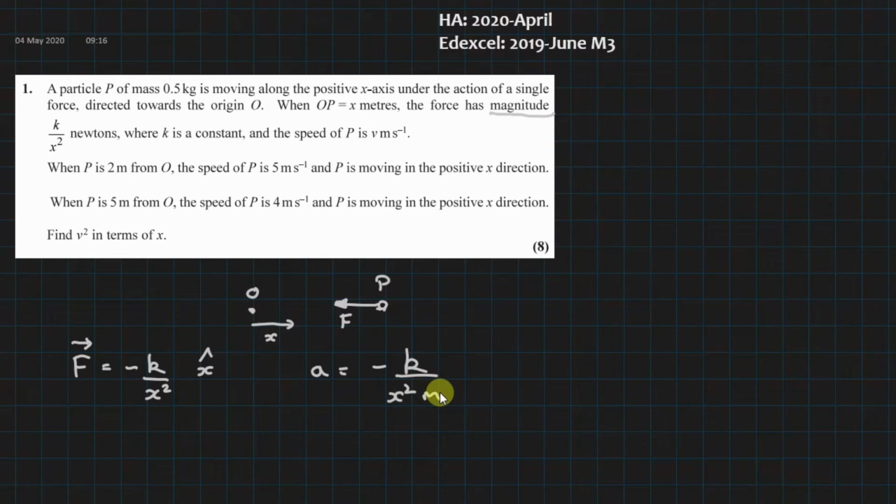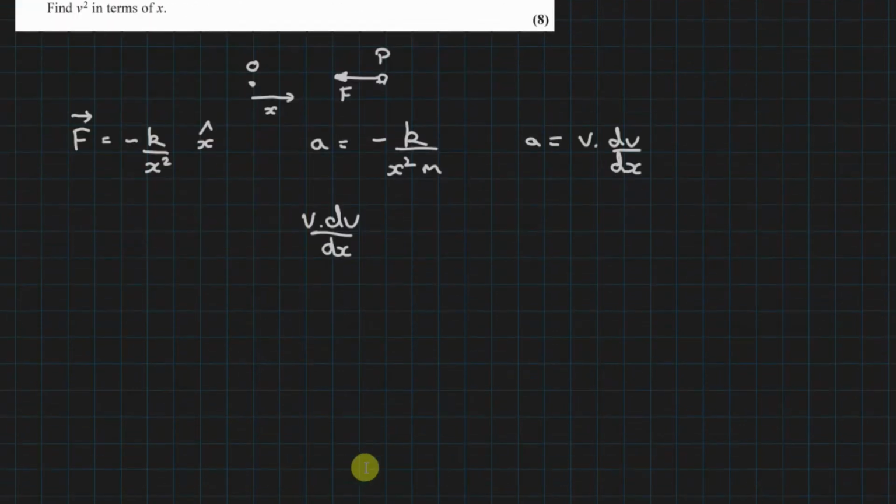And then we need to remember that a has a differential form of v dv/dx. So v dv/dx is equal to minus k over x squared m.